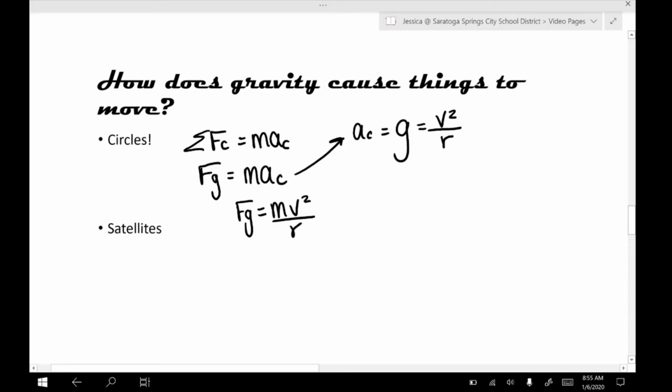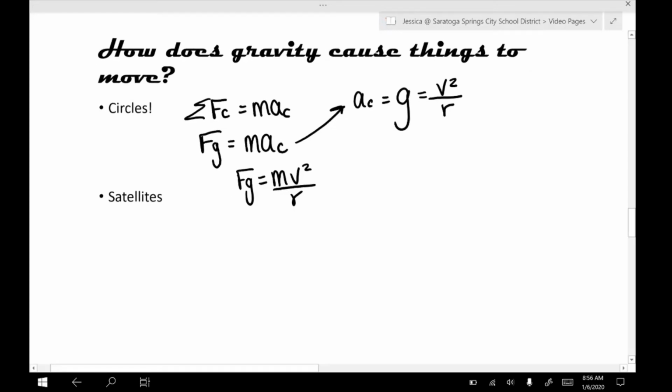Okay. Now you might be thinking, oh gosh, this seems complicated. It's really not, because oftentimes a lot of things cancel for us. So when we're using this equation, usually the Fg we use is the bigger Fg equation, meaning G, mass of the object, mass of the planet, over distance from center squared, is mass times v squared over r. Remember, this mass is the thing doing the moving, so it's the object, because the planet's not going to move.